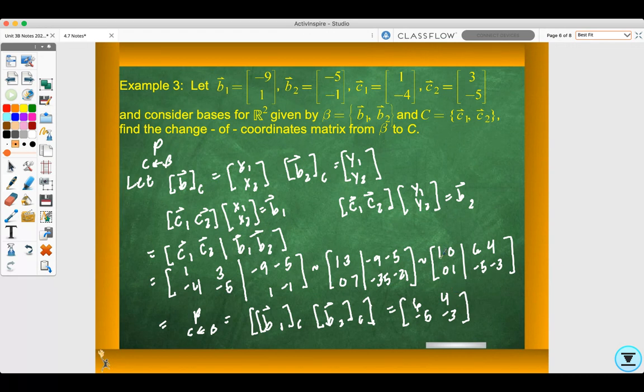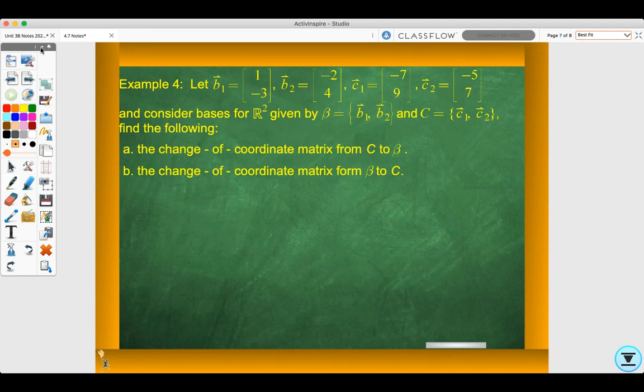And keep in mind, note that this partition matrix here equals the identity matrix and then the change of coordinate matrix. Okay, so when you're reducing it, you should get the identity matrix, and then this would be your change of coordinate matrix.